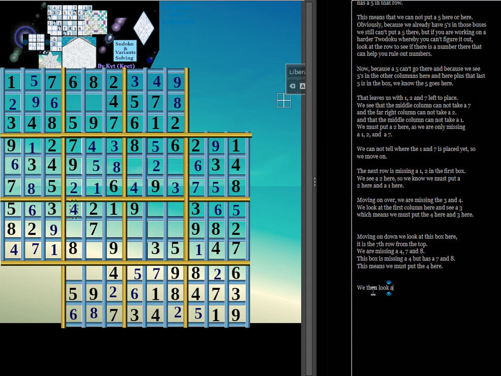We then look at columns 8 and 9 and we see a 7 here.